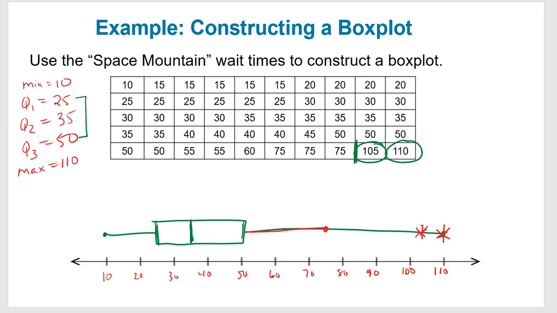So that side of the box plot would be modified. This would be our box and whisker plot here. The box and whisker would end here, but then we would have these two asterisks to denote that we had these two outliers. These two crazy people who've been waiting in line forever to get on that ride. I don't know anybody who's that fanatical about rides, but you might. Anyway, that is our modified box plot.